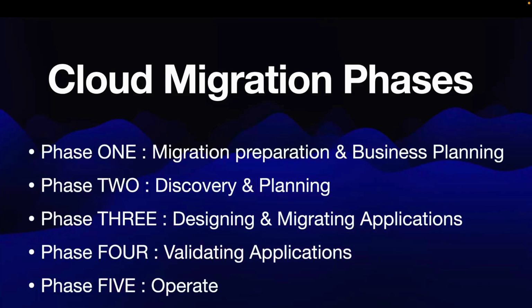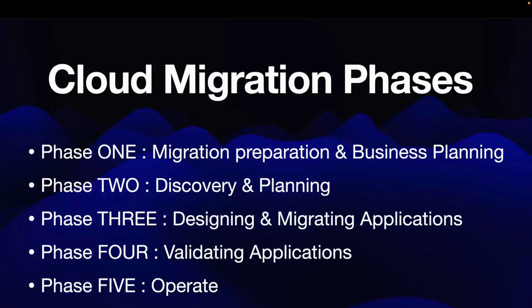Phase 3: Designing and migrating applications. In this designing phase, organizations create a robust architecture blueprint that maps out the cloud environment, focusing on scalability, security, and also performance optimization. This design aligns the organization's objectives with AWS's best practices, covering areas such as data storage, network configuration, and application integration.